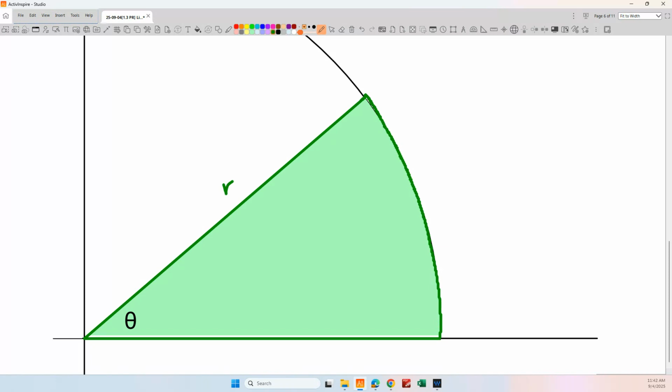How am I going to come up with the area of that sector? Be creative here. There are a couple of ways you could do it, and there's one way that I think would be the easiest.